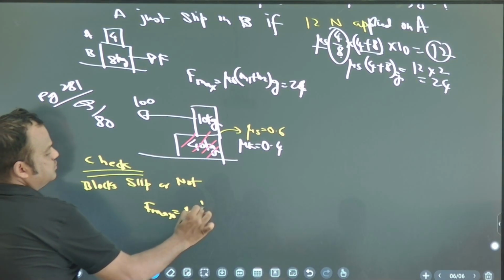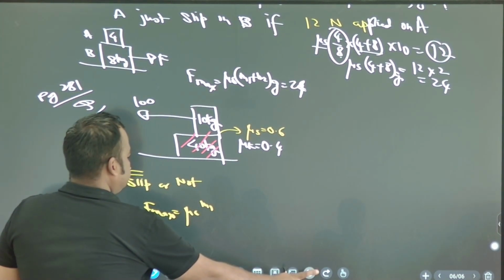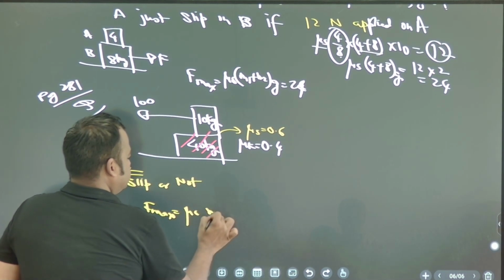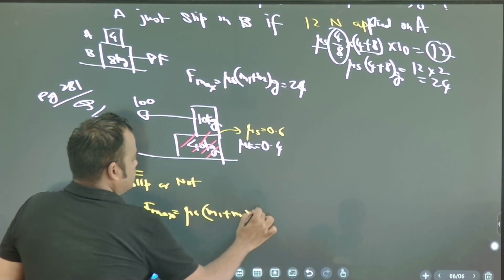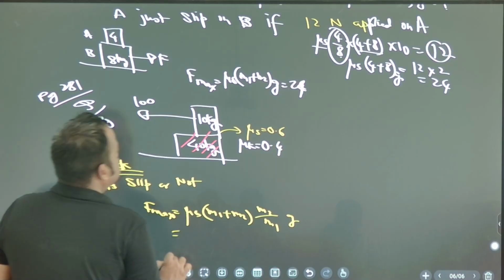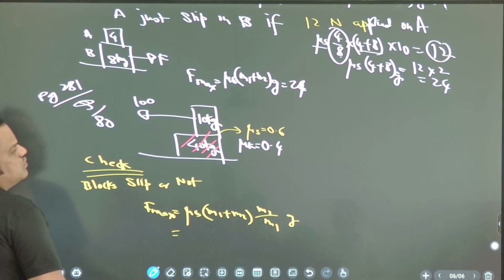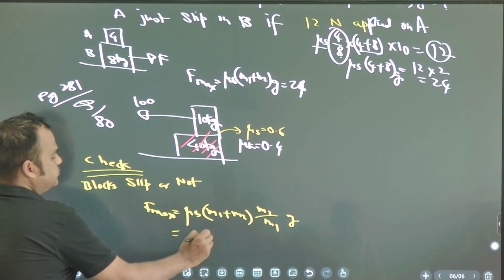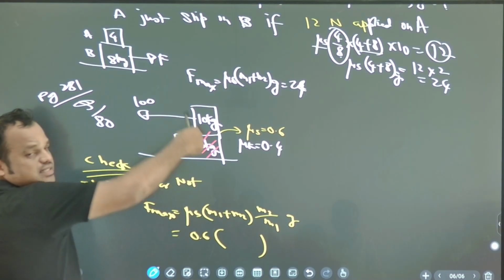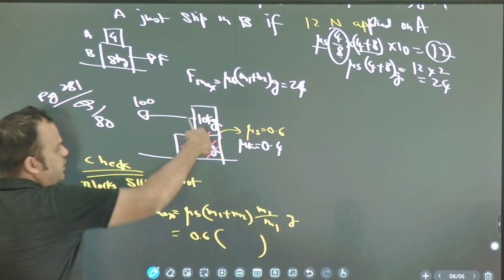Mu s times (m1 plus m2) times m2 by m1 into g. Calculate. So mu s, m1 plus m2. Which is m1? 40.